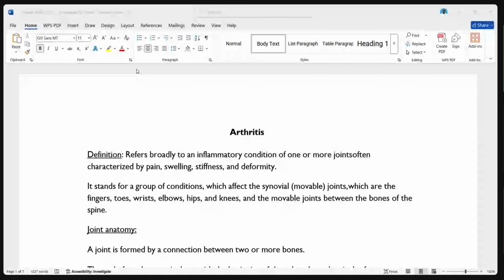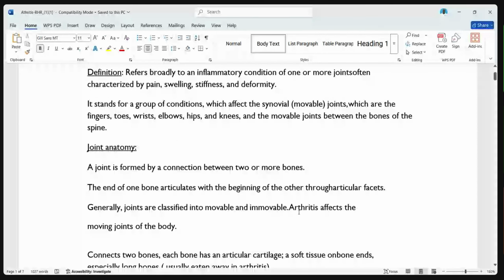But before that, I want us to understand the pathophysiology, like the pathology of the disease. Physiology is the general functioning of the body. So what transpires in the physiological functioning that brings about pathology, or disease?